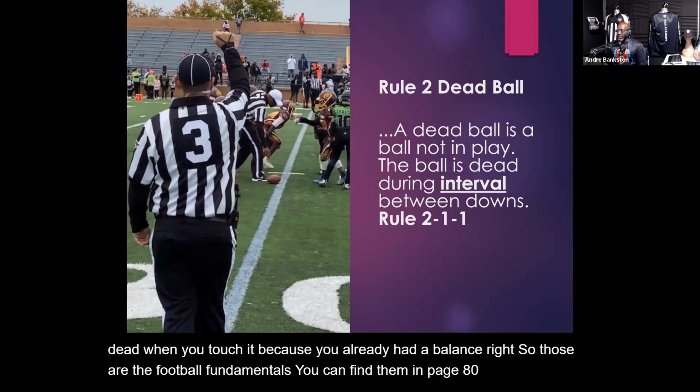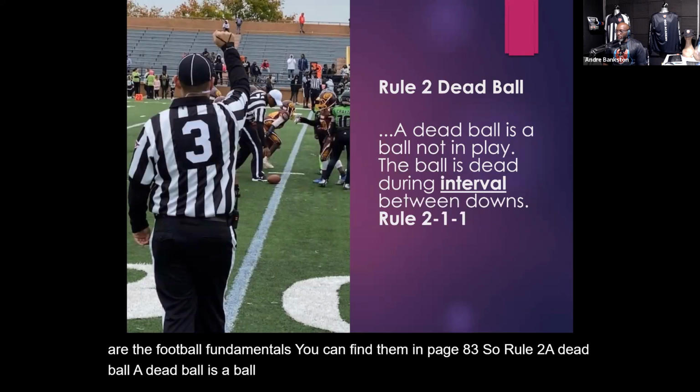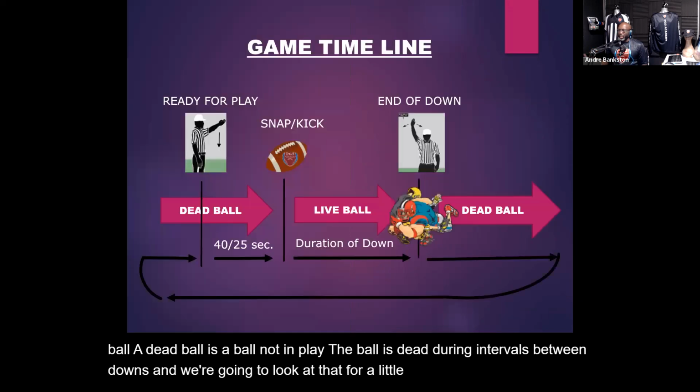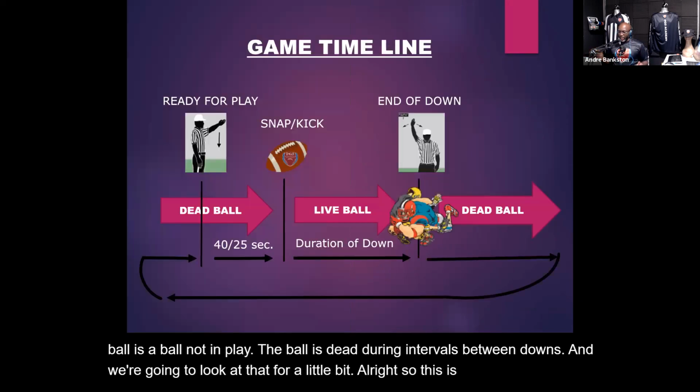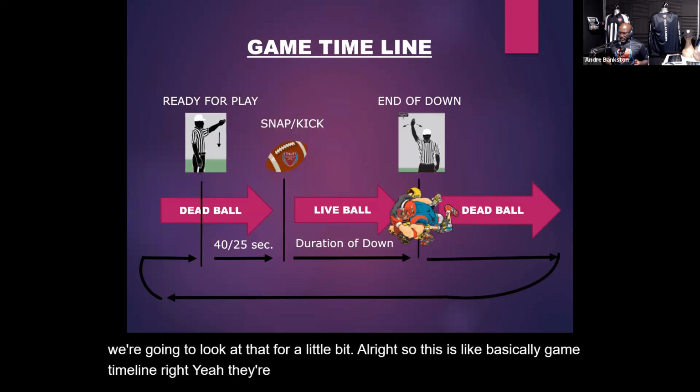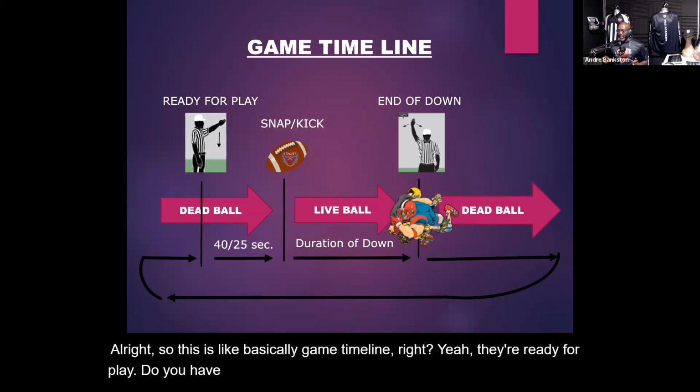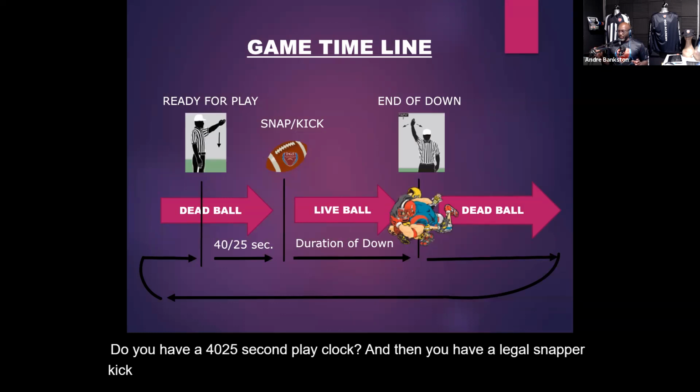So rule 2, a dead ball. A dead ball is a ball not in play. The ball is dead during intervals between downs. And we're going to look at that for a little bit. So this is basically a game timeline, right? You have the ready for play, and then you have a 40, 25-second play clock, and then you have a legal snap or kick, and the ball is live.